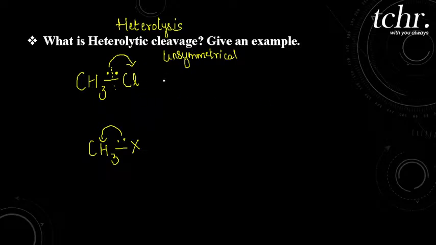What happens if both the electrons go towards Cl? Cl accepts the electron and becomes Cl minus, negatively charged. After breaking, the CH3 methyl group will acquire a positive charge, right?